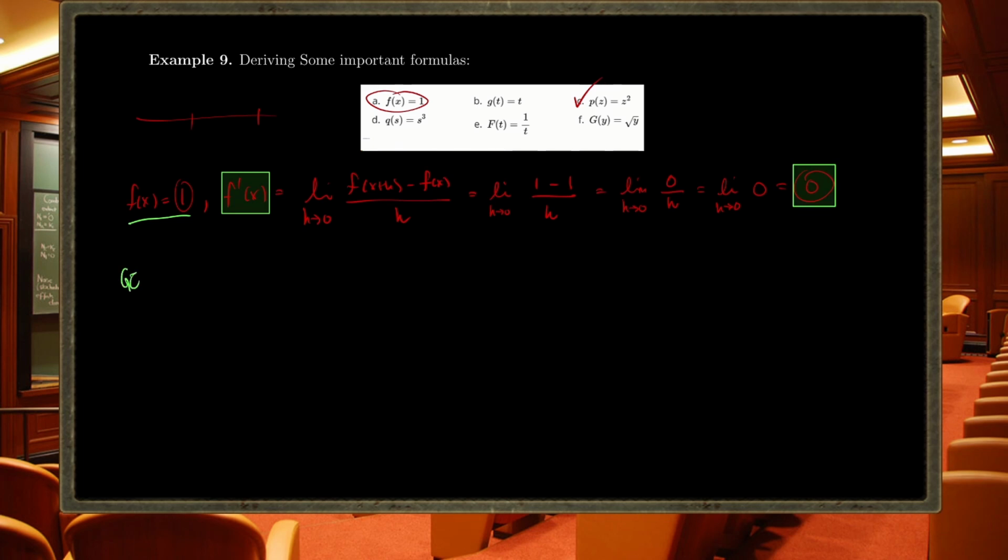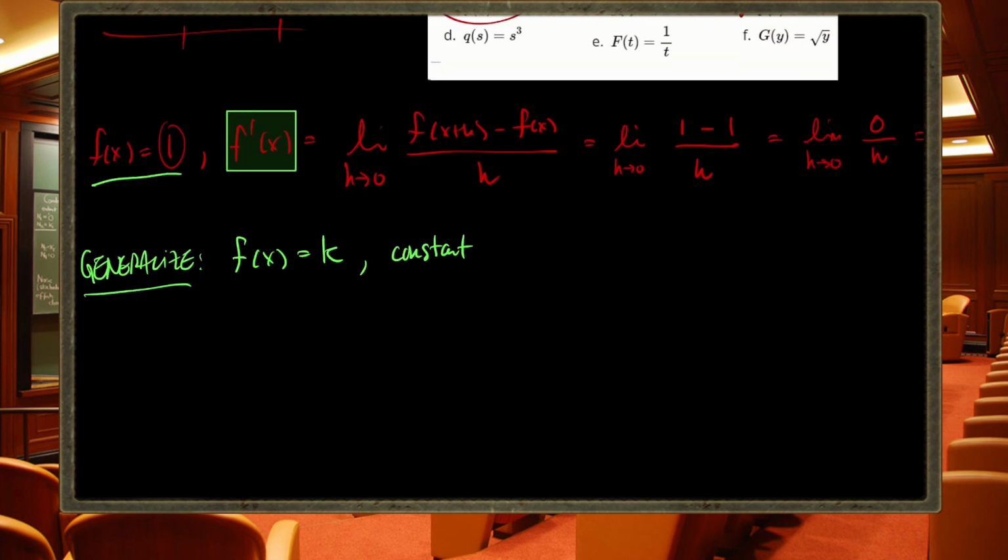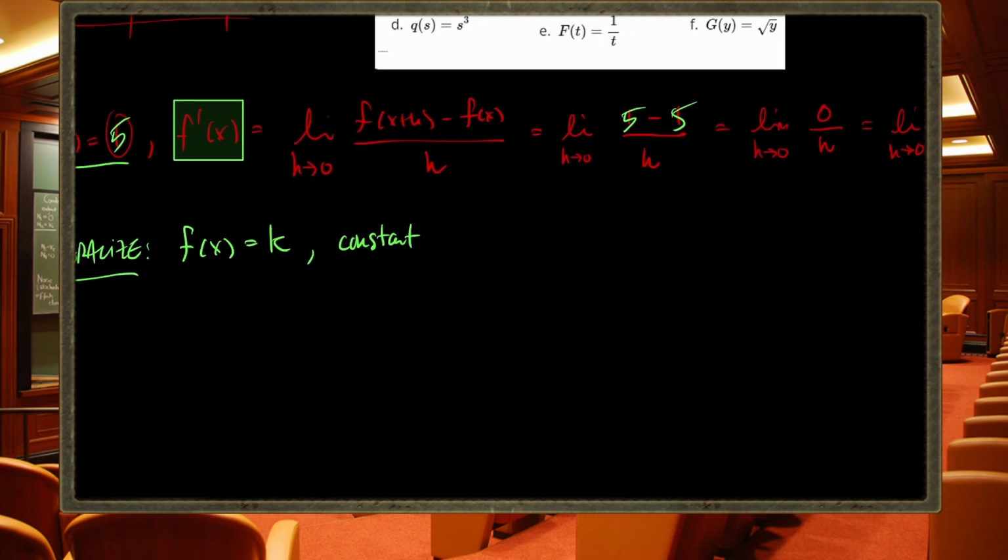And so we can generalize this in the following way. For f of x equal to some k constant, wouldn't this work out the same exact way? Because 1 was just 1, but if this were equal to 5, this would just be equal to 5 minus 5, and we'd still get the same result.